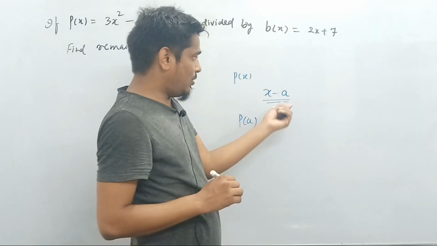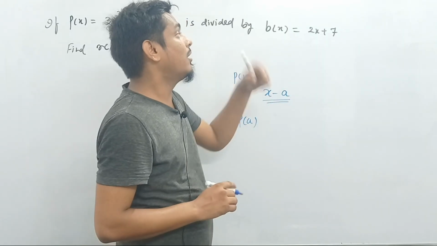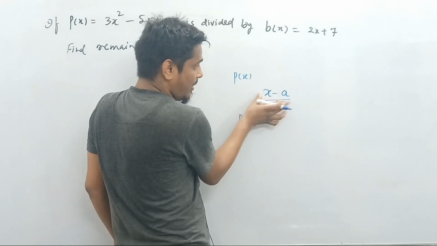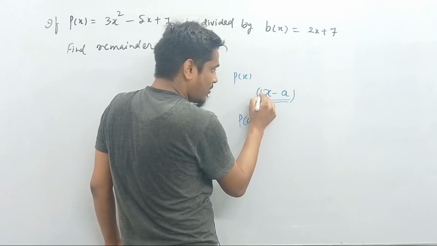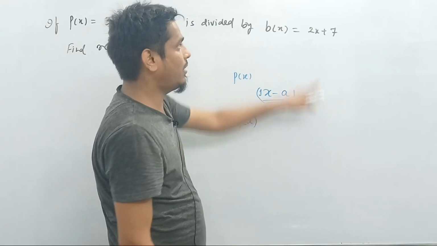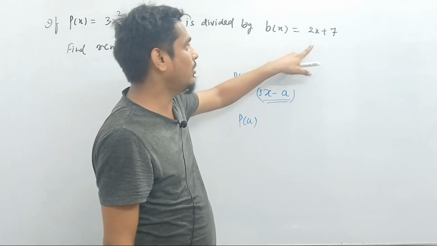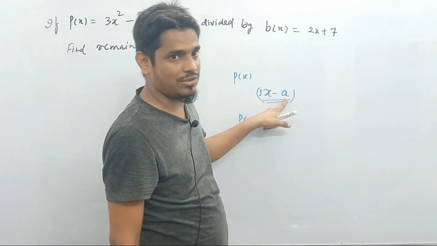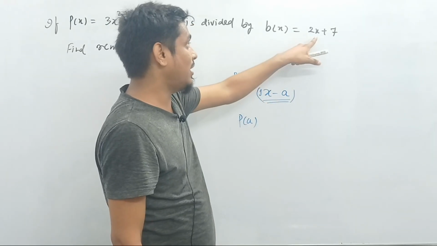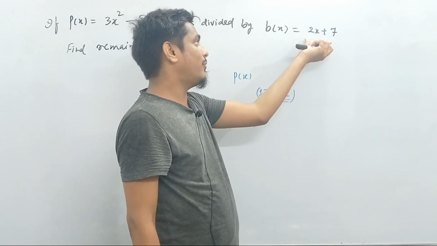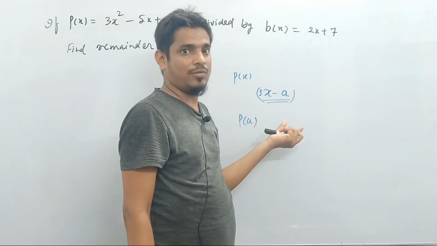But this does not look like that, right? The format is x minus a, where the coefficient of x is 1, but here the coefficient of x is 2, and also here we have addition instead of subtraction. So can we get this factor in this form? Obviously we can, right?